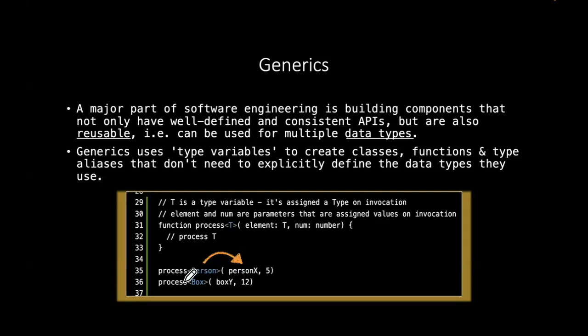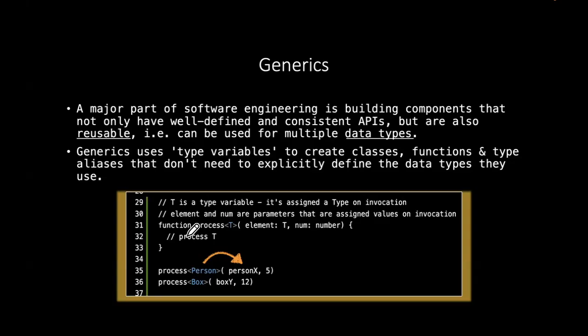Here I'm invoking the same function, but I'm saying I want T now to be bound to the box type, which means the first parameter is of type box.